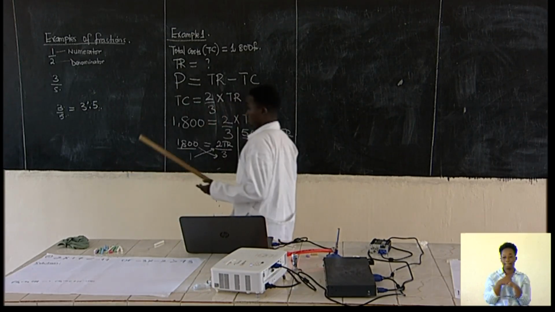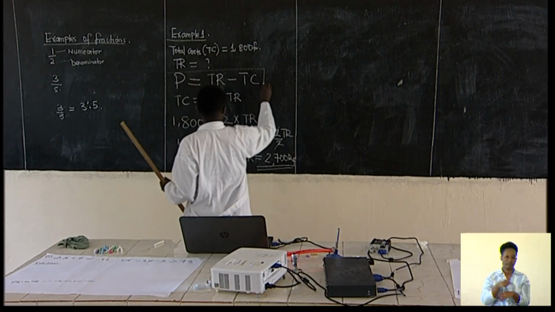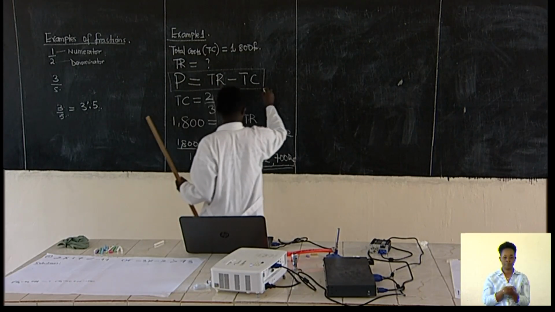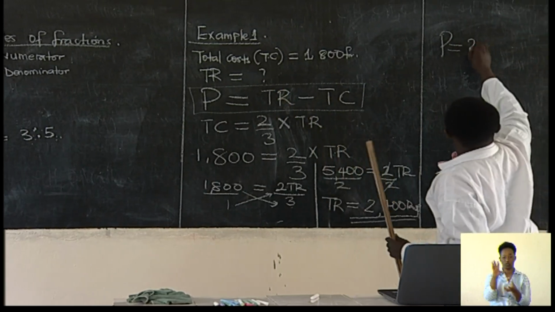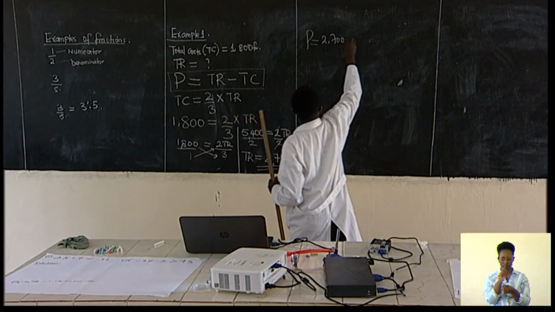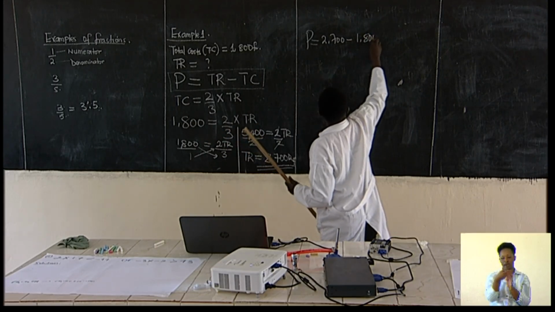But our question wants us to get the profit. So you have to come back to this equation. So our profit here, you will get our total revenue, which is 2,700. Then you take away the costs, which is 1,800.